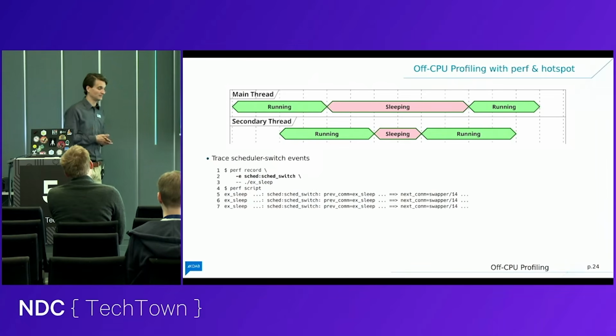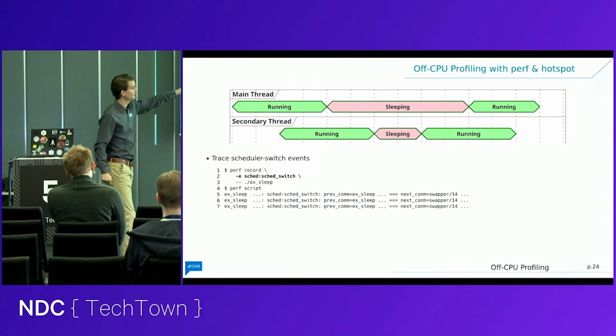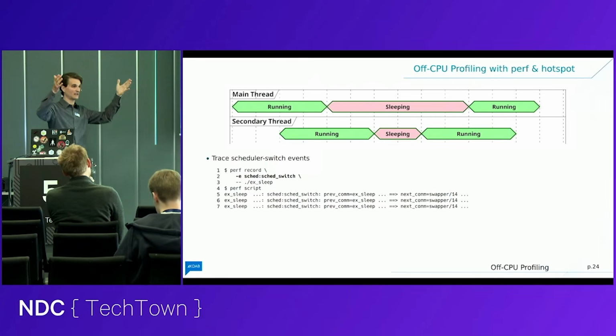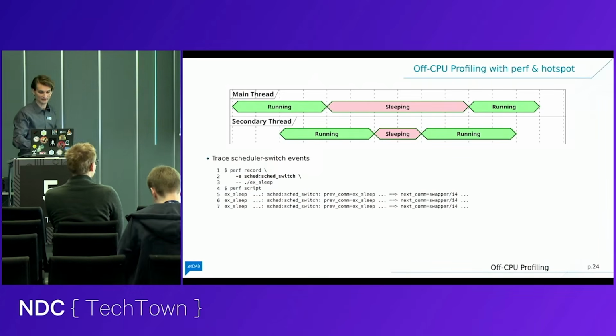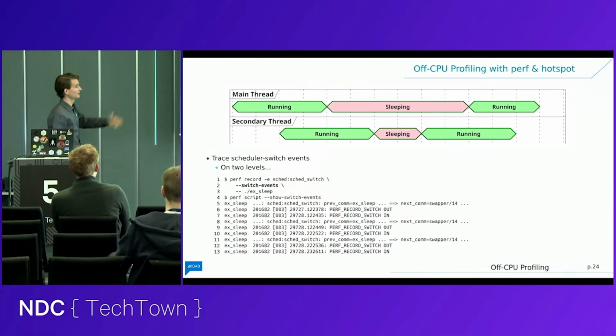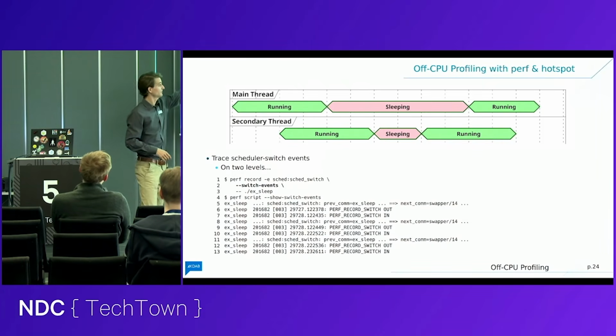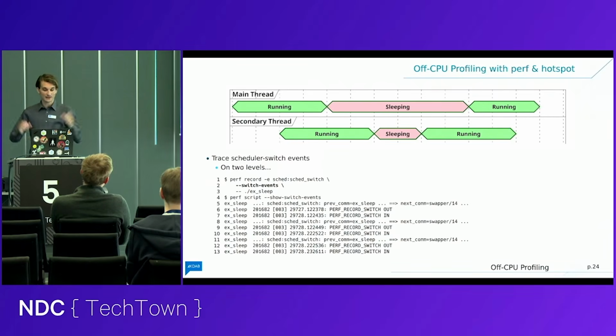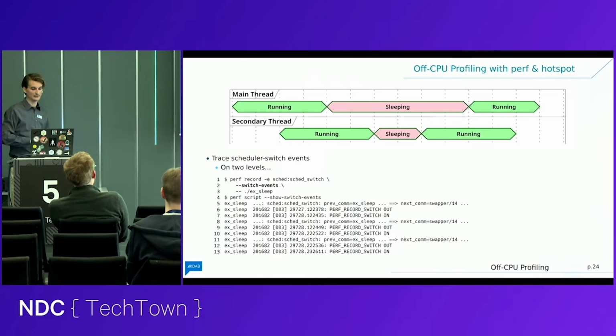For permission reasons, we only get to know that we get switched out. We don't get to know when we get switched back in, which is bad, right? That means we cannot compute the time that we slept. Thankfully, there's another switch events toggle that we have to pass, and now we can actually come up with a time that we spend being switched in and out.